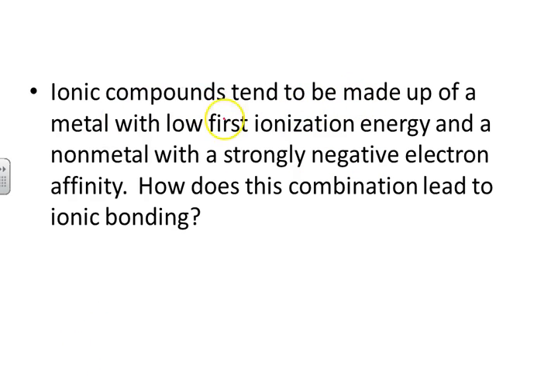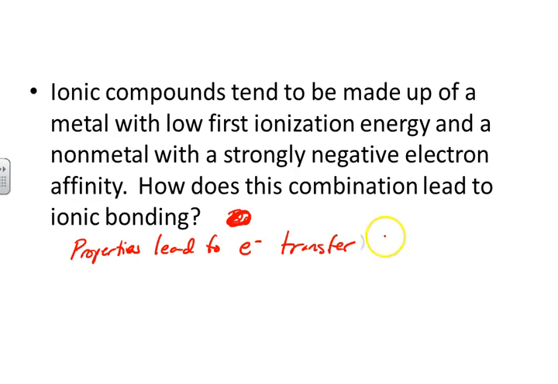Ionic compounds tend to be made up of a metal with low first ionization energy and a nonmetal with a strongly negative electron affinity. How does this combination lead to ionic bonding? Probably the easiest way to say this is that the properties lead to electron transfer from metal to nonmetal.